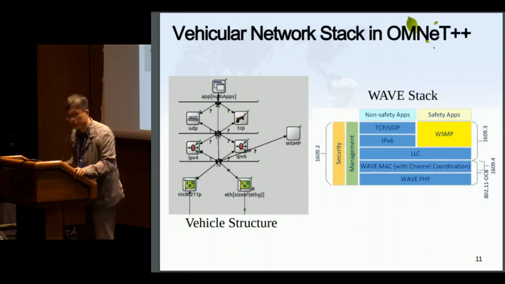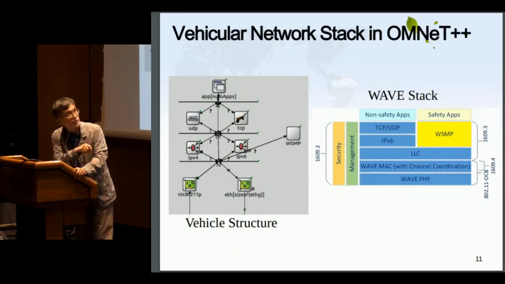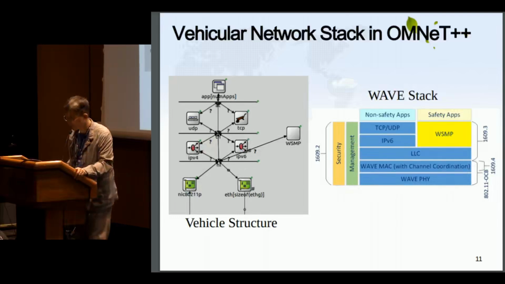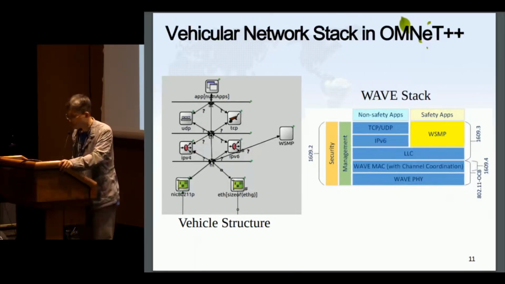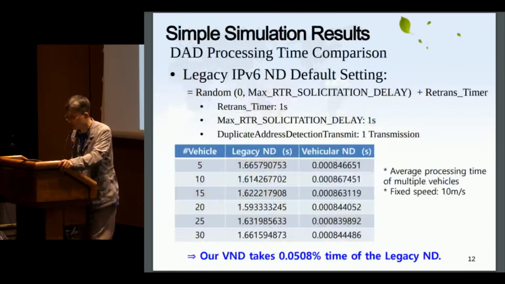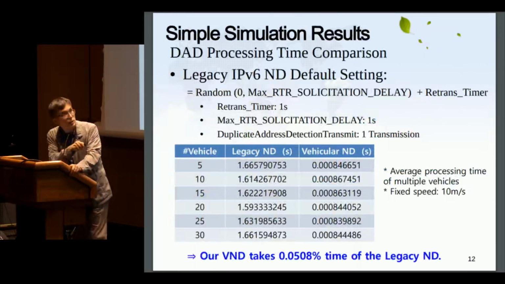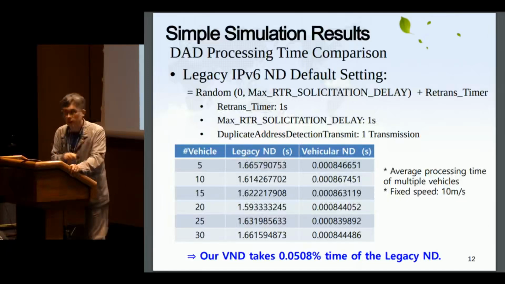This is the protocol stack. The left-hand side is the WAVE protocol stack. This is IP. This is the WAVE short message protocol for safety. We implemented the logical link layer and IP version 6 over 802.11, also neighbor discovery. The simulation result is that our neighbor discovery can reduce the delay of the legacy neighbor discovery.